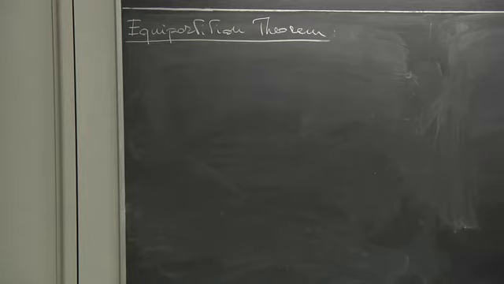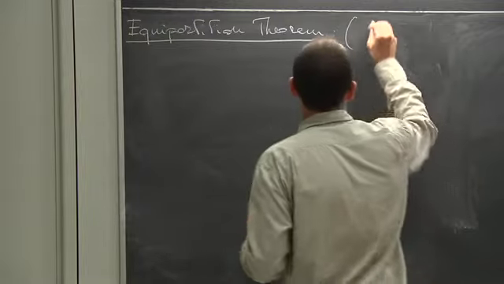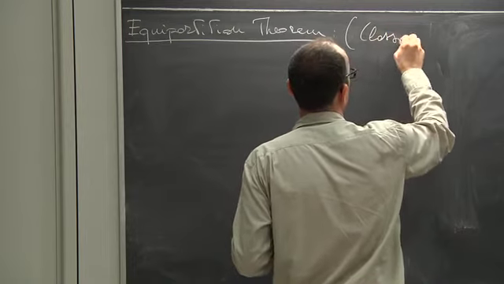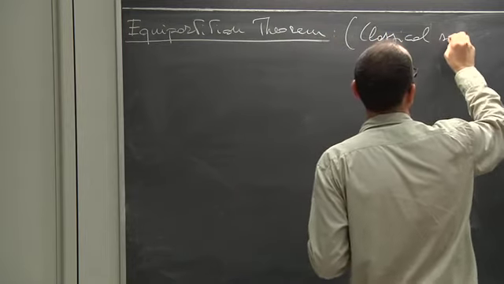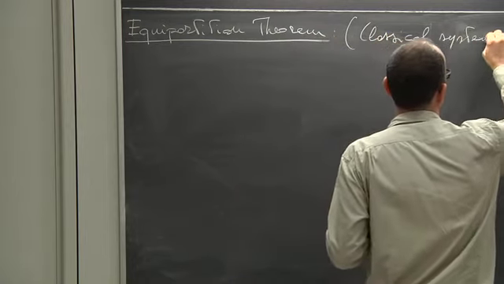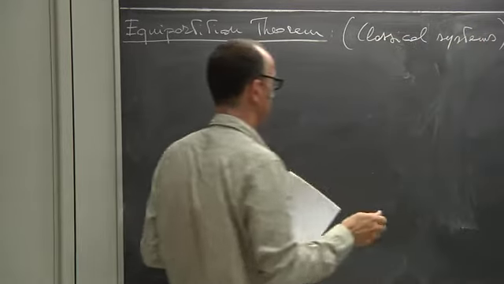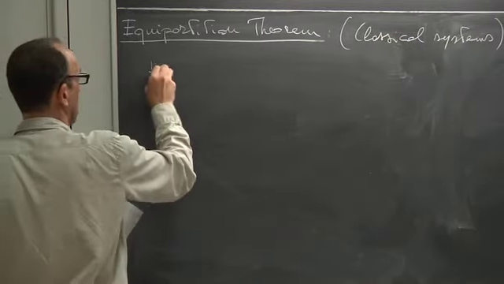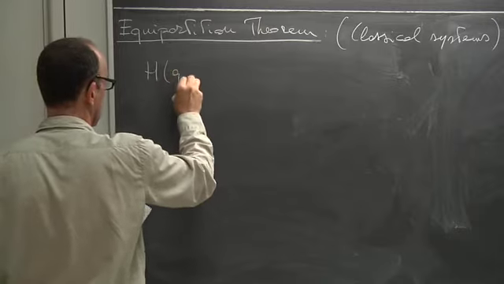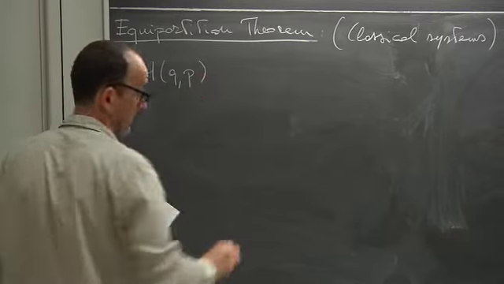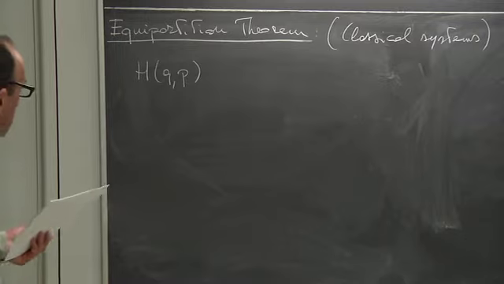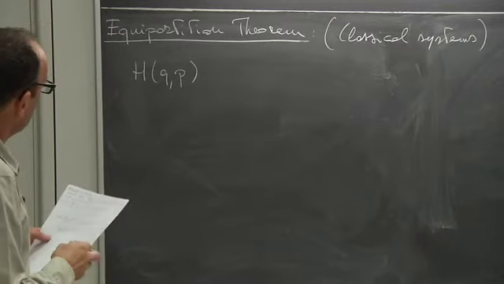We are again discussing classical systems. So for a classical system, I will have a Hamiltonian which depends on the coordinates and the momenta, 3n coordinates and 3n momenta.